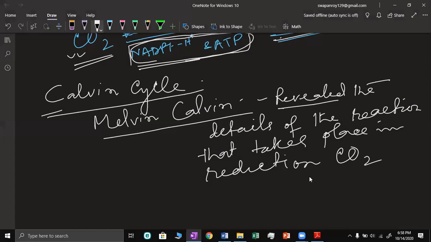So it was Melvin Calvin who gave the detailed pathway through which carbon dioxide is reduced to carbohydrate. Melvin Calvin was not alone.